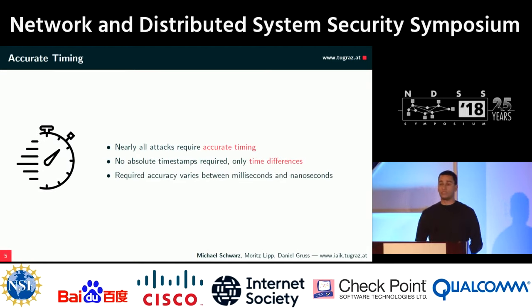The accuracy depends on the attack. Sometimes it's sufficient to have a timing primitive that measures timing differences in the range of milliseconds. For some attacks, the more hardware attacks, like DRAM attacks and cache attacks, we even require timing measurements in the range of nanoseconds.